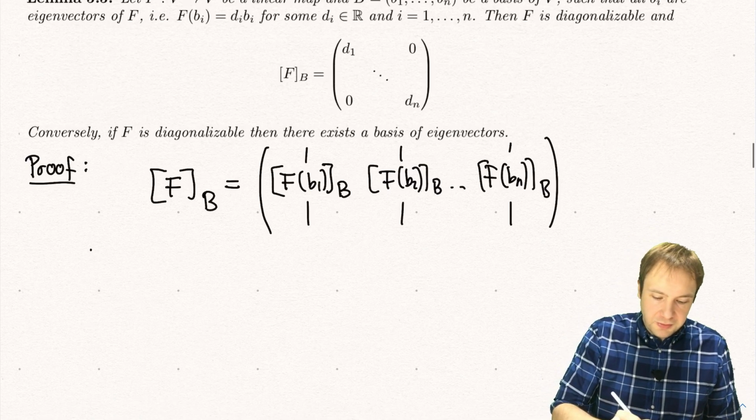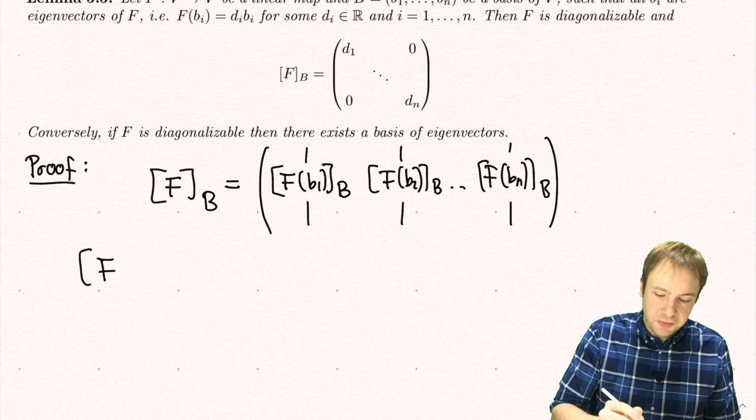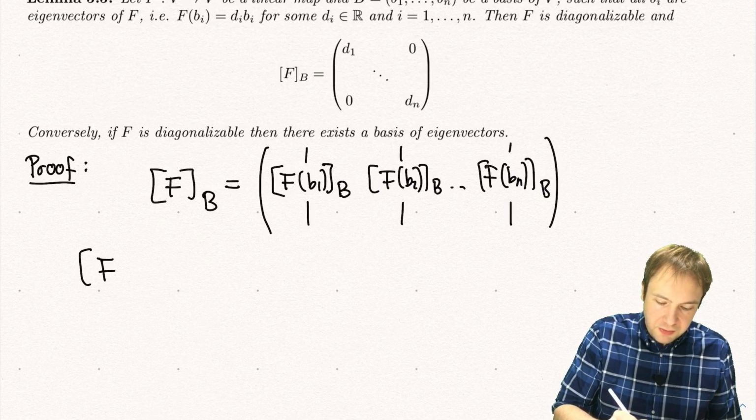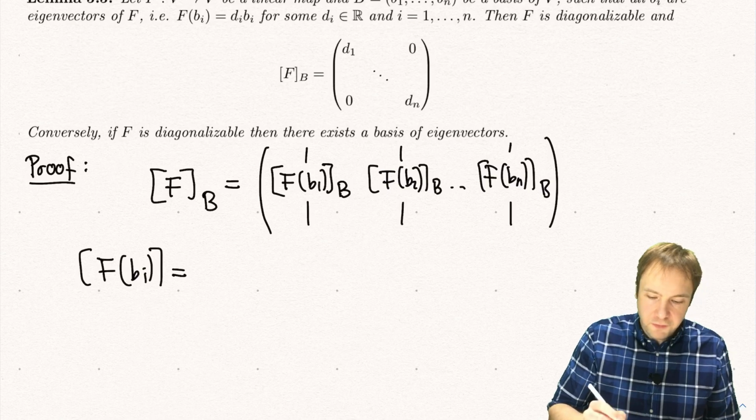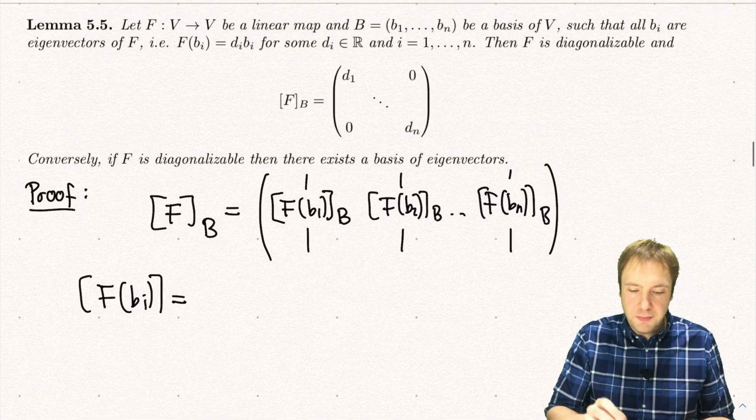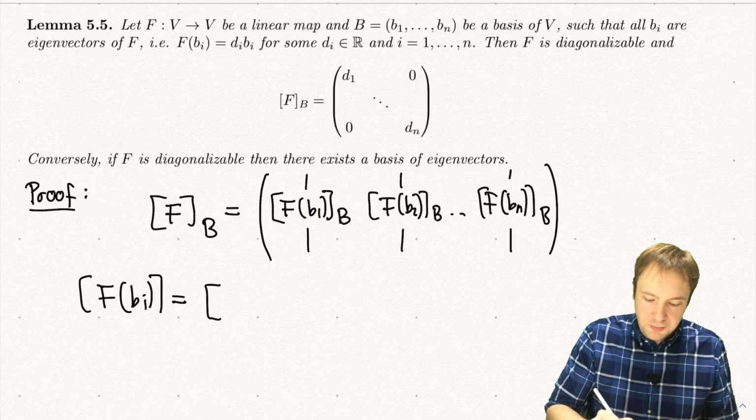But what is the coordinate vector of F of Bi? Well, F of Bi is, by assumption, di times Bi. So I need to ask, what is the coordinate vector of di times Bi?